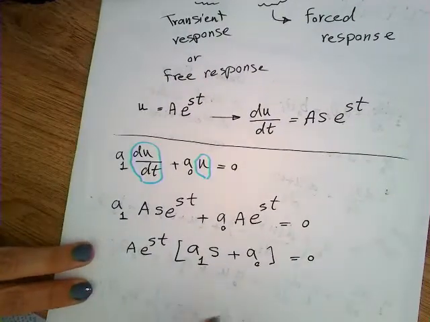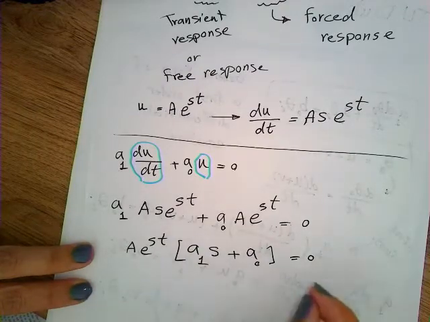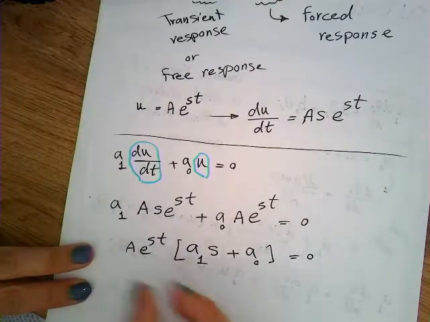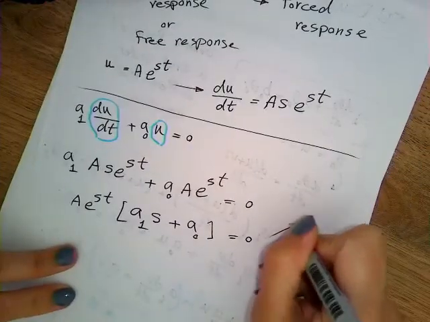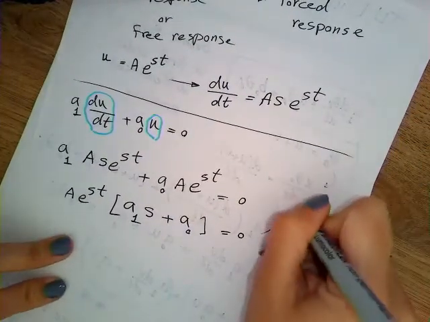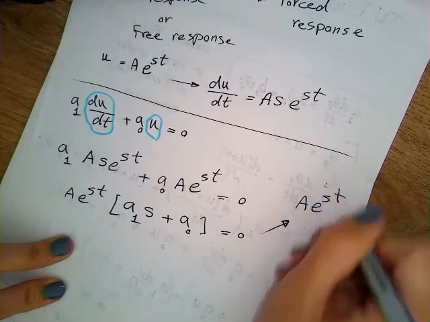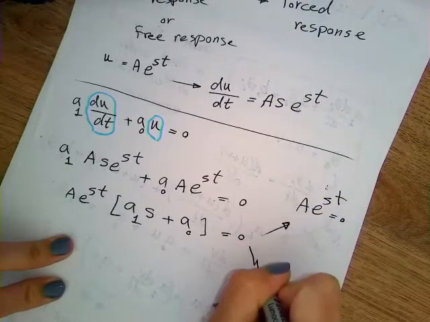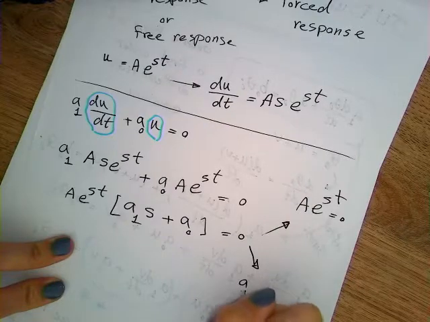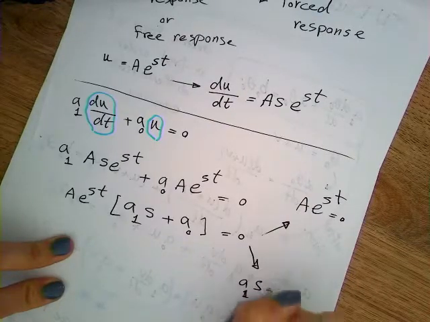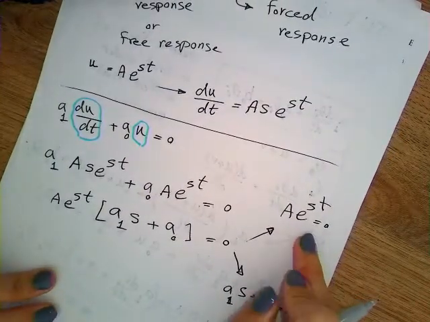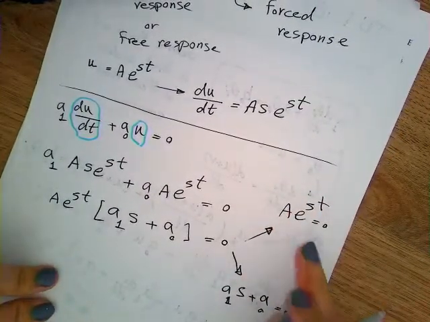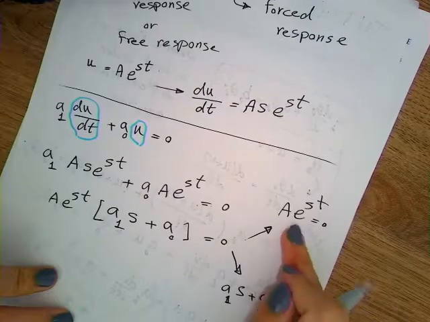to 0. So when two things are multiplied together and they are equal to 0, they both should be 0. They both can be 0. So we have two things from here. We have a est is 0, and we have a1 s plus a0. So that cannot be true because that is our assumption. So we shouldn't look at that.